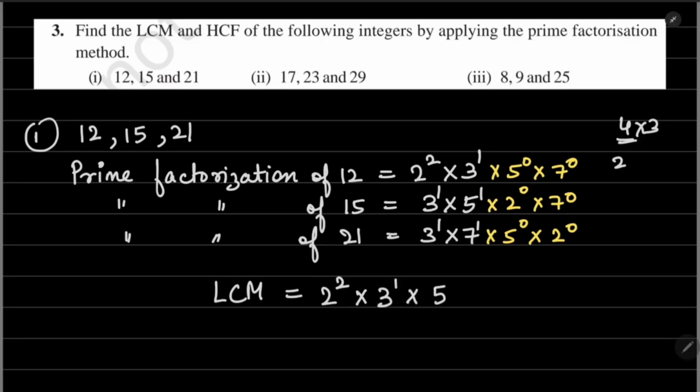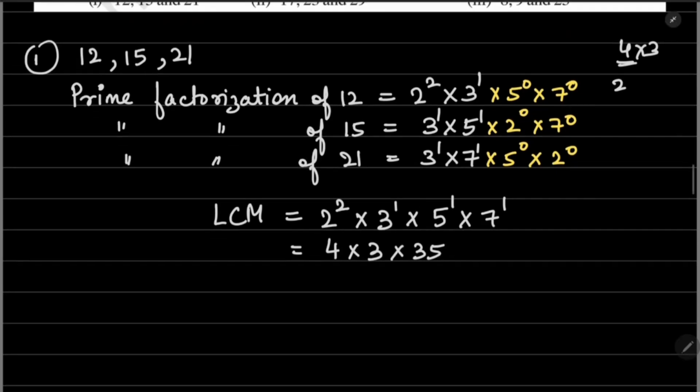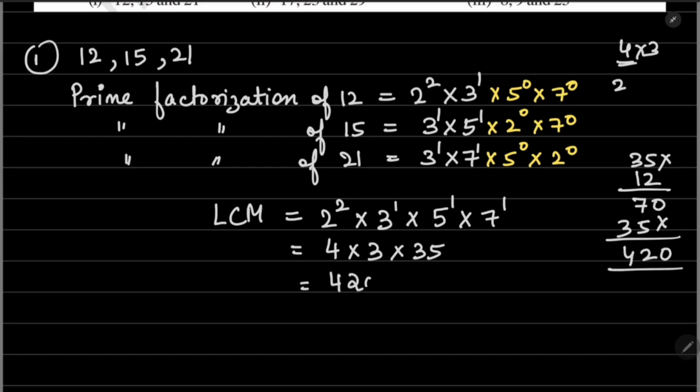For 5, the highest power is 5 raised to the power 1, and for 7, the highest power is 1. So 4 into 3 into 7 into 5, which is 35. So you have to do 35 into 12, and the answer is 420.